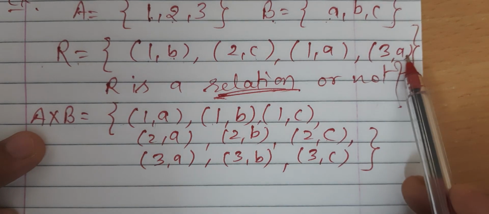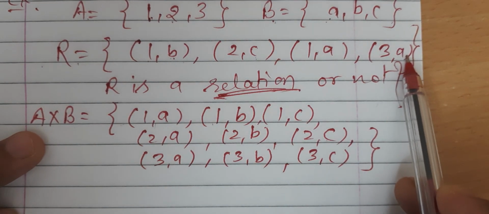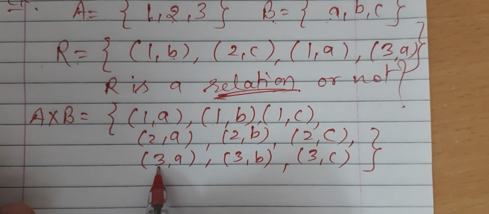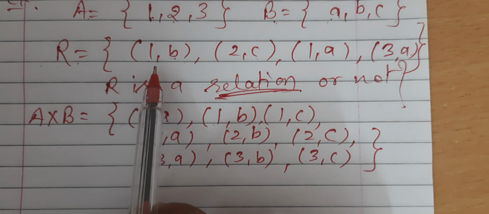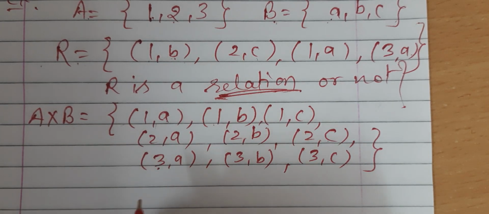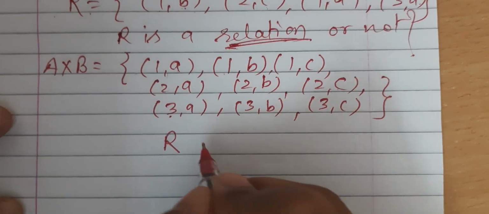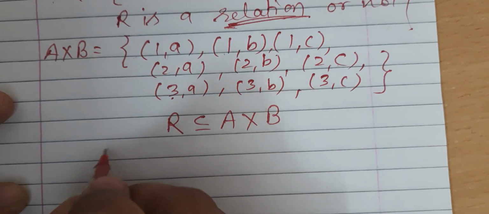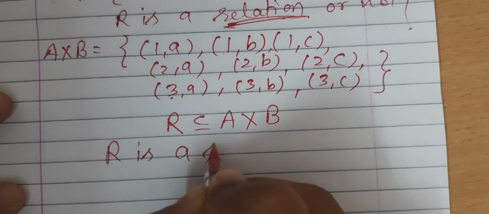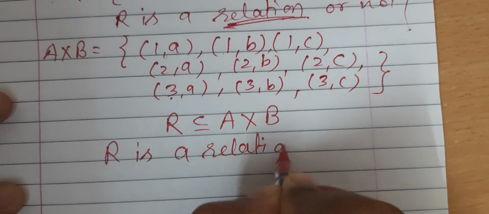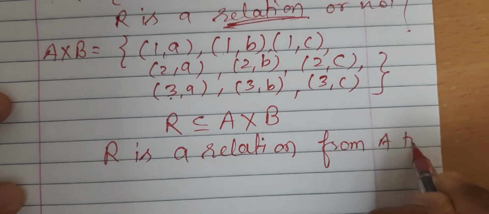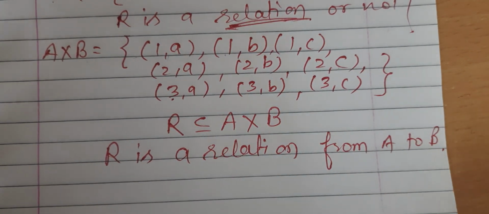And this (3, a) is also in R as well as in A cross B. So yes, all the elements of set R are also elements of set A cross B. So we can write that R is a subset of A cross B. It means R is a relation from A to B. That's it.